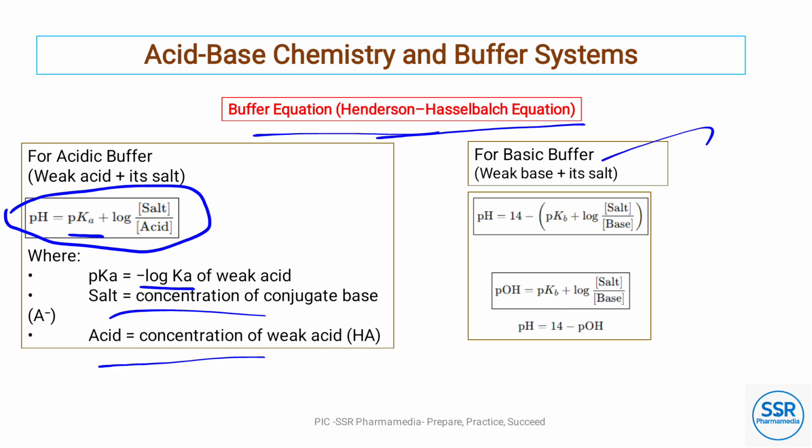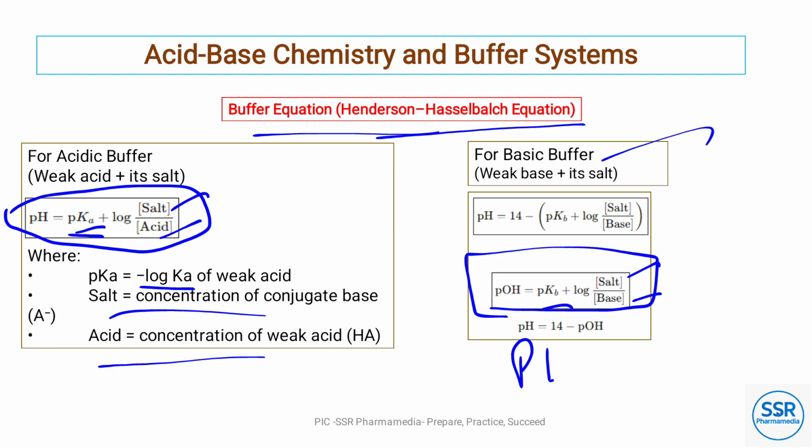At the same time, for the basic buffer: that was the acidic buffer, this is the basic buffer. pOH is equal to pKb plus log salt divided by base. So for the acidic buffer it is pKa with salt divided by acid, and here it is pKb with salt divided by base.